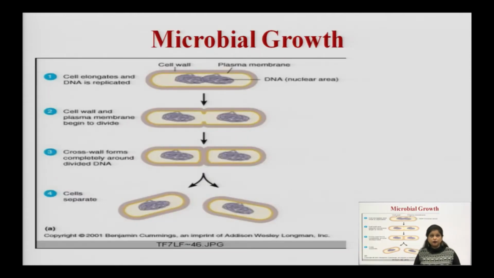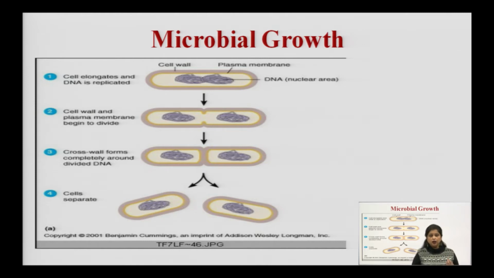Starting with the first, how do microbes and bacteria grow within any nutrient media? Whenever we take the culture or species, we first inoculate those species within the nutrient media, and we do not know how many bacteria we have inoculated.